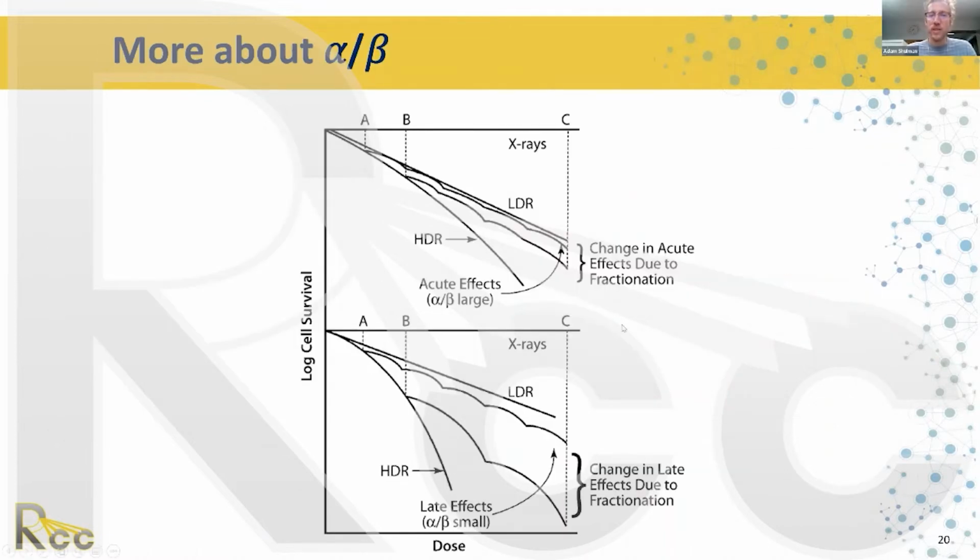So now let's get into fractionation and HDR. So up here we've got acute effects or large alpha beta. So this would be, say, our tumor cell. And here we have small alpha beta. So these would be more like our normal tissues. And here's the HDR survival curve.